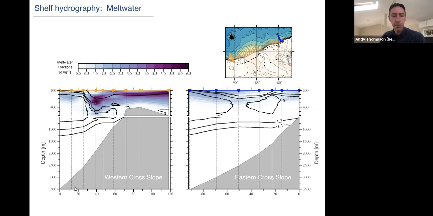So again, we have depth, we have distance on the x-axis. This gray shading here is the continental slope. And you see a very distinct picture where obviously there's a lot more meltwater on the western side of the Bellingshausen Sea as compared to the eastern side.